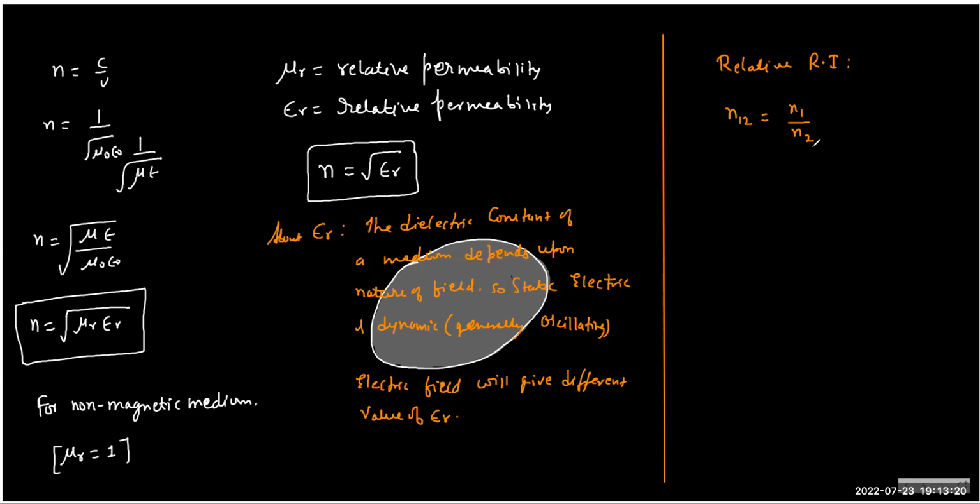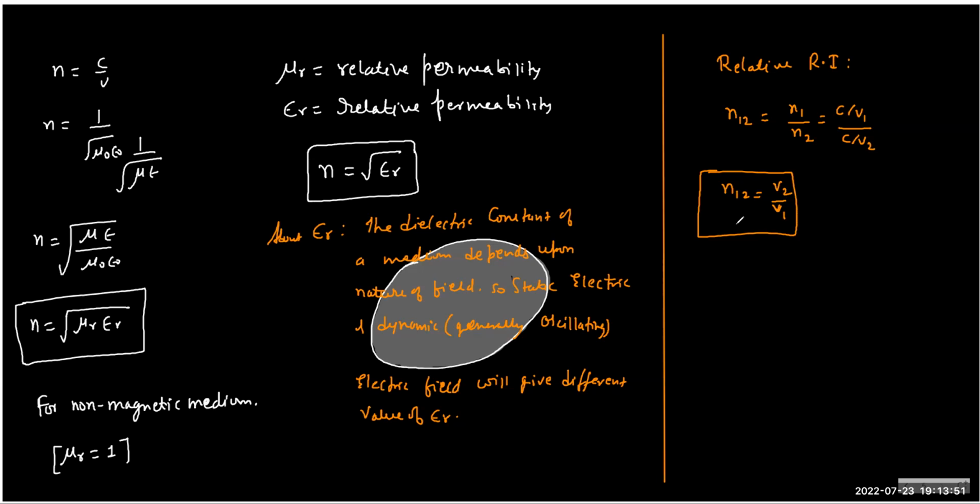Because we are trying to find it with respect to 2, we have to divide by n2. So n1 is what? c by v1. n2 is what? c by v2. So n12 turns out to be how much? v2 by v1. So the ratio of the speed of light in the second medium to that in the first medium is the refractive index of the first medium with respect to the second medium.